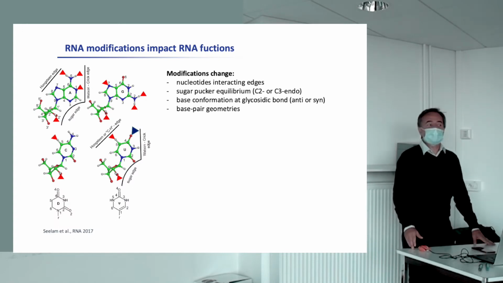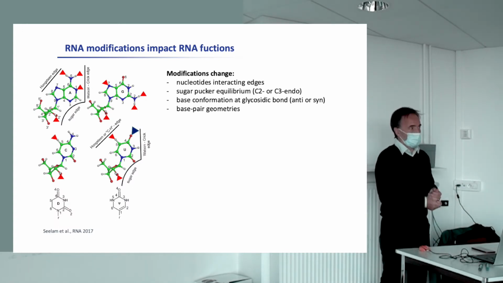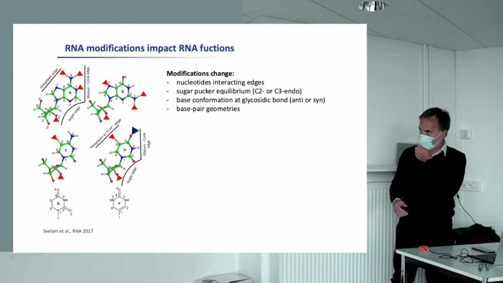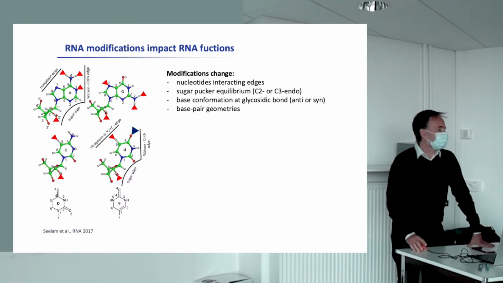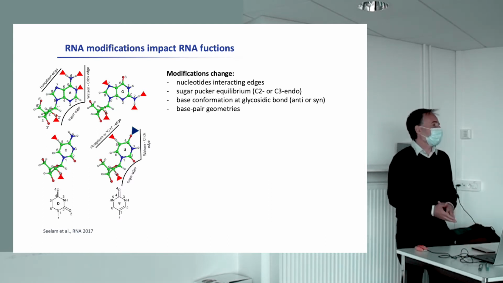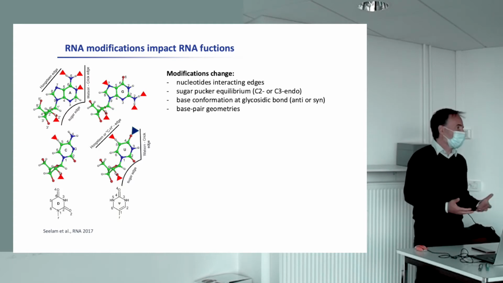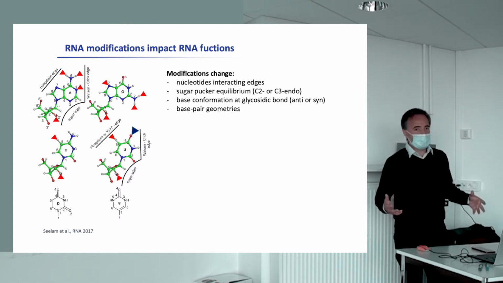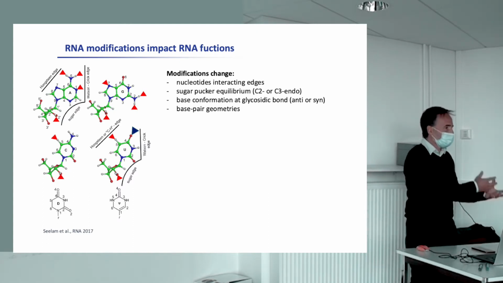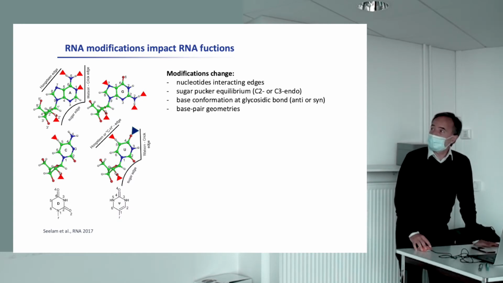Okay, so what are these modifications doing, why are they important, and why can they help bacteria adapt to a different environment? The modifications can influence different edges of a nucleotide. So you know that RNA molecules have these 4 basic nucleotides, and they are able to interact with each other, forming RNA structures or RNA-protein complexes by using different edges.